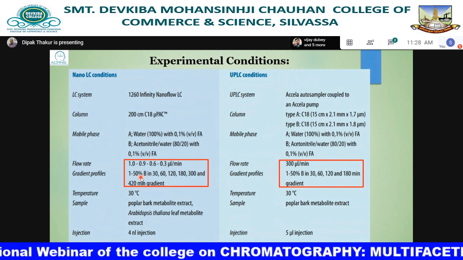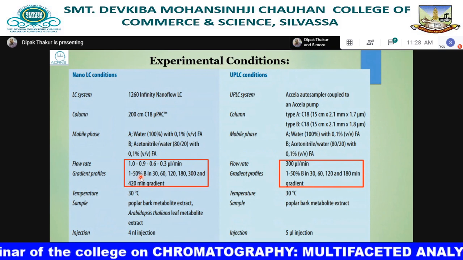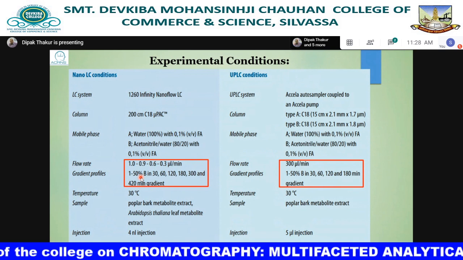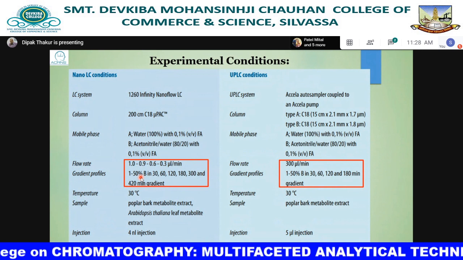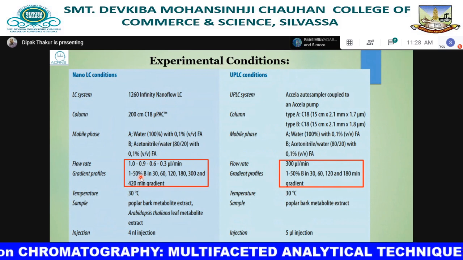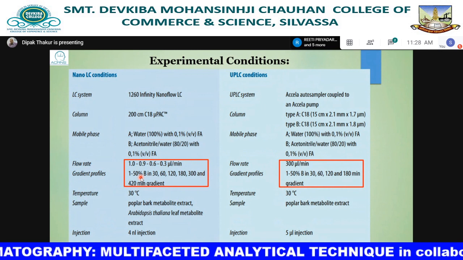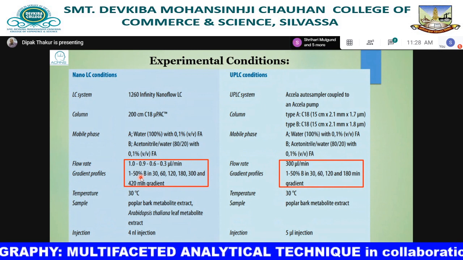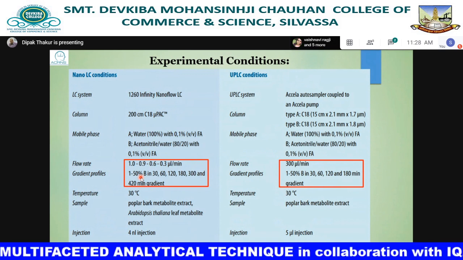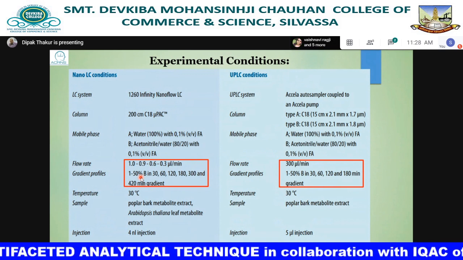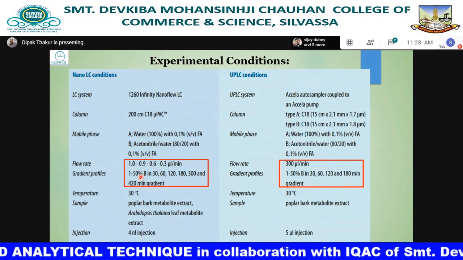The flow rates used are in the range of 300 nanoliters or below to 1 microliter, and different gradients are used. The percentage B, that is acetonitrile content, is changed during the gradient from 1 to 50%. So it is 80% acetonitrile, which is solvent B, changed from 1 to 50%.